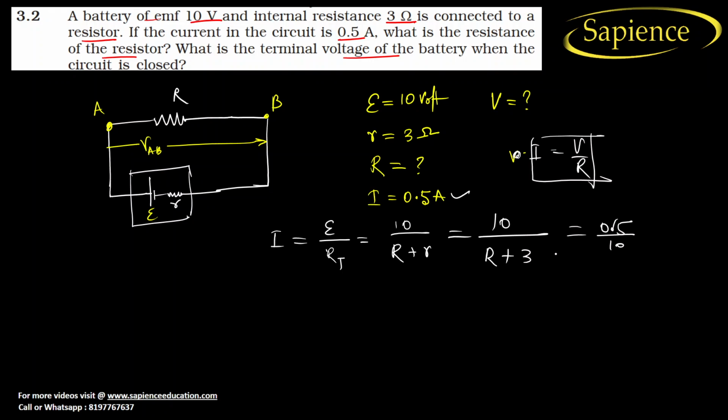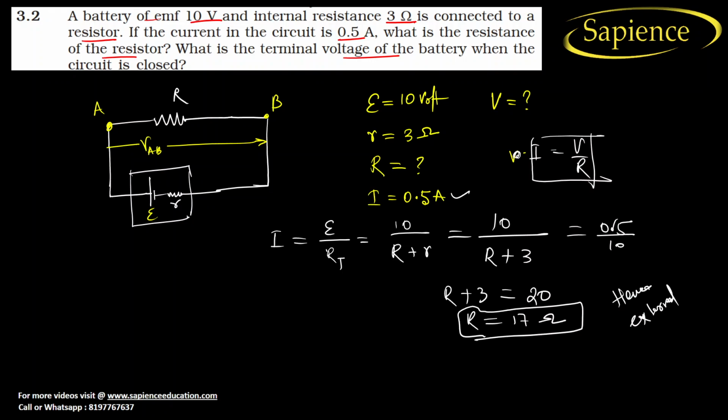R plus 3 will be how much? 100 by 5, that is 20. So R will be 17 ohm. So we have got the external resistance, 17 ohm, right?